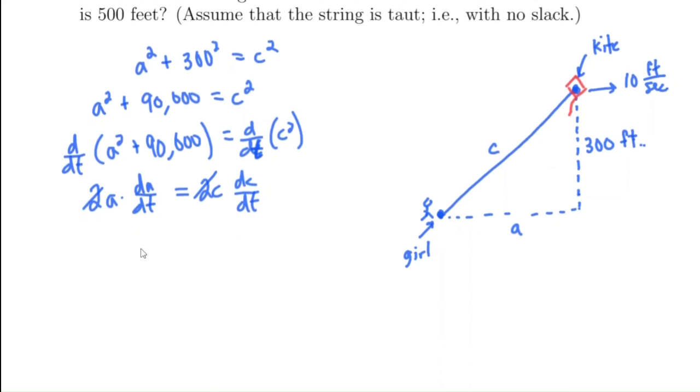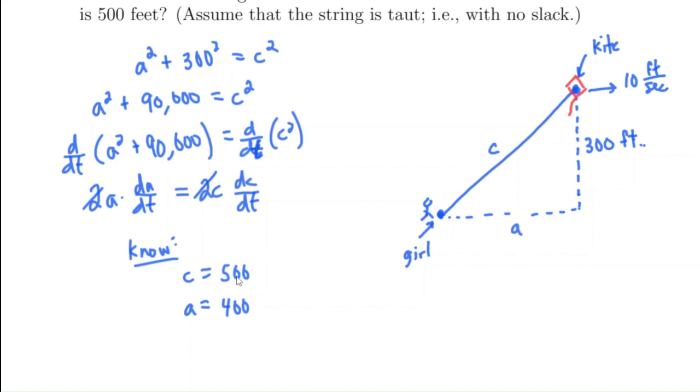So now let's plug in what we know. Okay, what do we know? Well, we know that C is going to be 500 because we're trying to find how fast C is increasing when C is 500. You can also use the Pythagorean theorem to solve for A. So we have A squared plus 300 squared equals 500 squared. It turns out it will be 400, because 300 squared plus 400 squared will equal 500 squared.